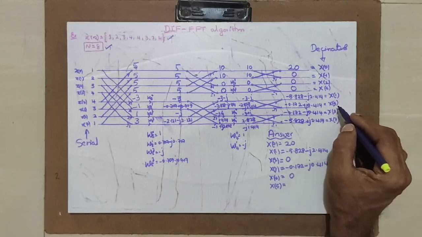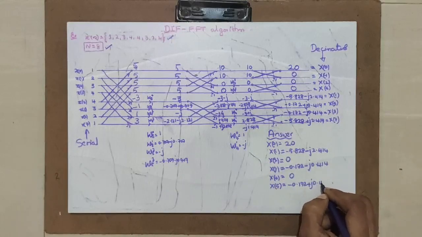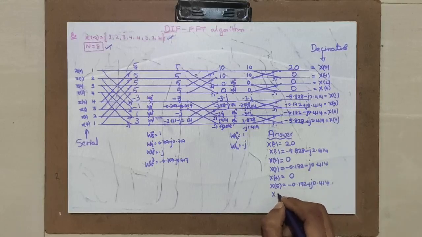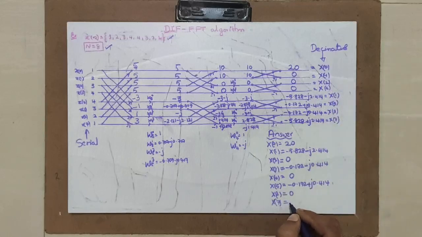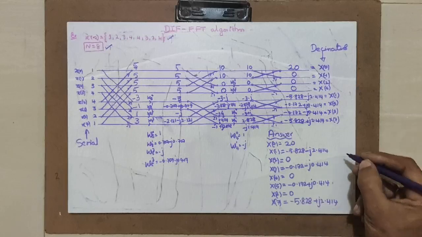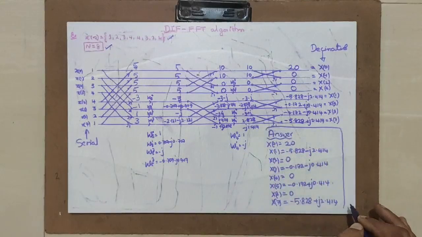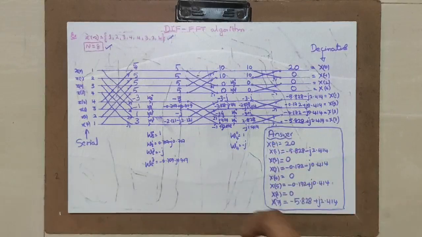You should know this. x5 is minus 0.172 plus j 0.414, which is the conjugate. 3 and 5 are conjugates. x6 is 0. And last answer x7 is minus 5.828 plus j 2.414, which is the conjugate of this. You should be careful about doing this. Conjugate you have to verify. If anything is going wrong, you should check for that point. That's what the DIF algorithm is all about.